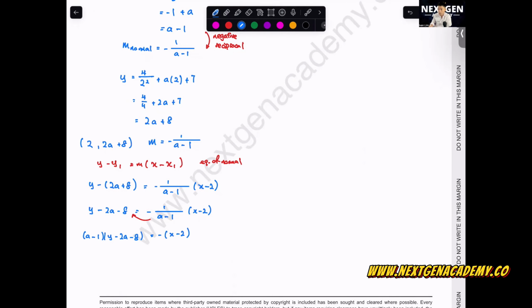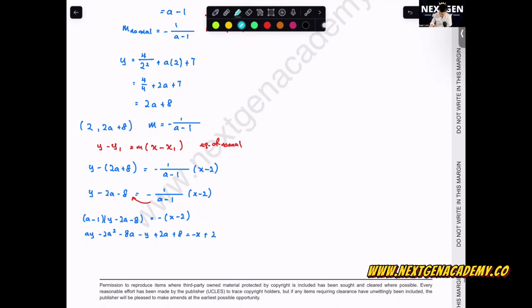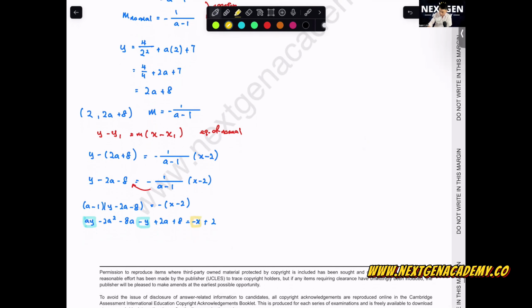Open up the bracket. We will get ay minus 2a squared minus 8a minus y plus 2a plus 8 equals negative x plus 2. We rearrange it into x plus 4y equals b, so I'm going to put the x and the y all on the left-hand side. We have ay, negative y, and x.